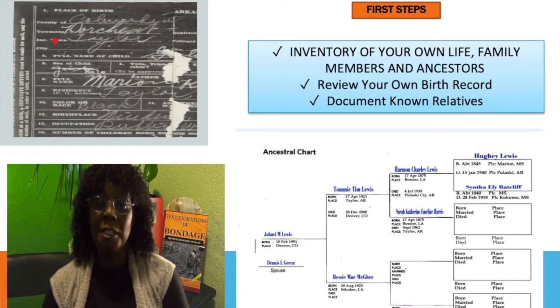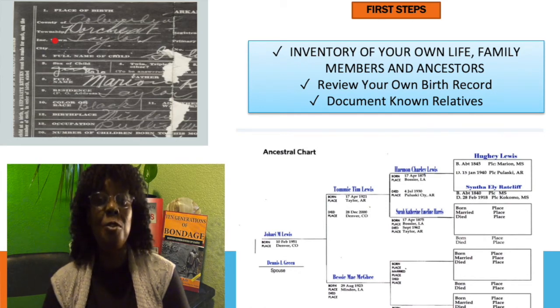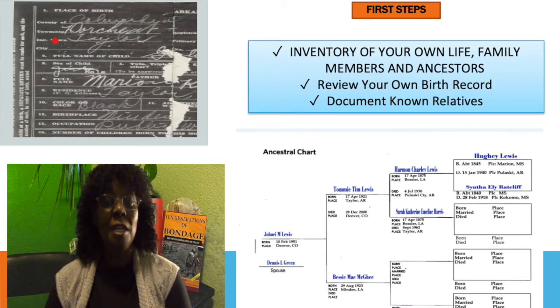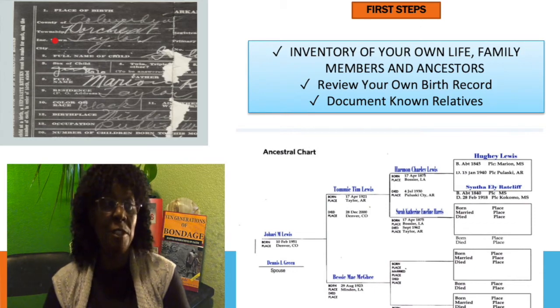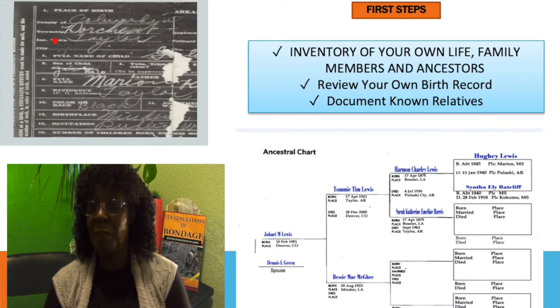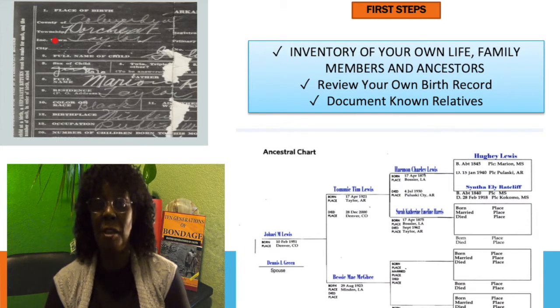Another reason that I tell you to start with yourself is because a lot of times your own documents can have errors in them, and if you don't fix or know about the errors in your own documents, it can throw you way off. Let me give you some examples. One of my students looked at his birth certificate and it showed that he was female.